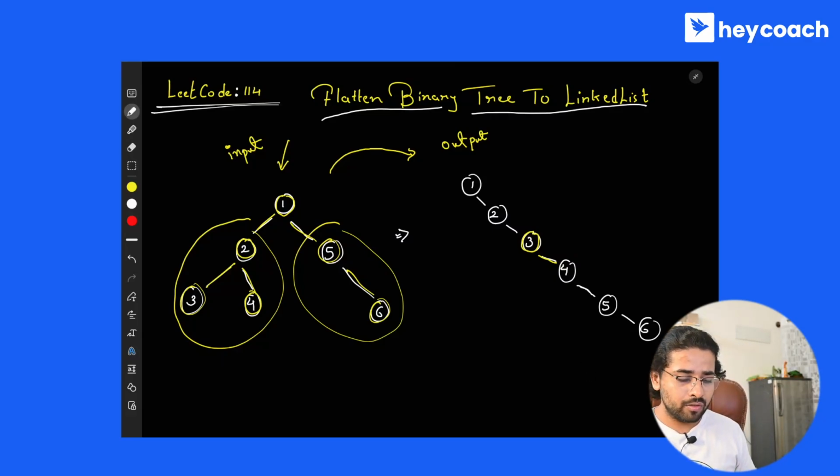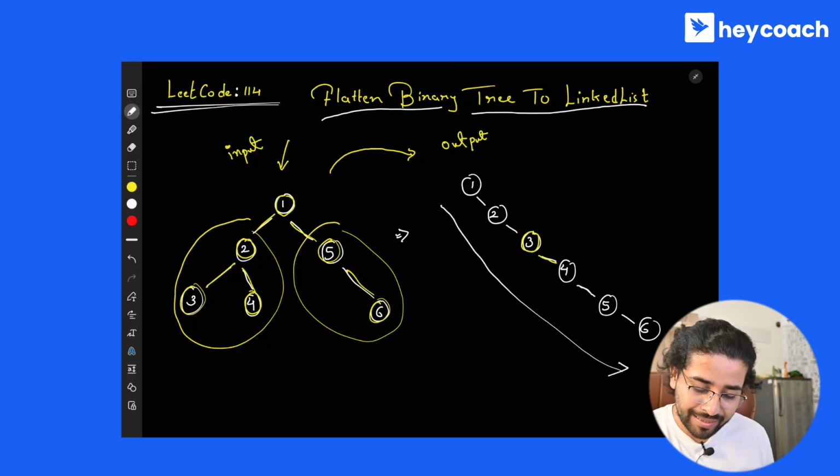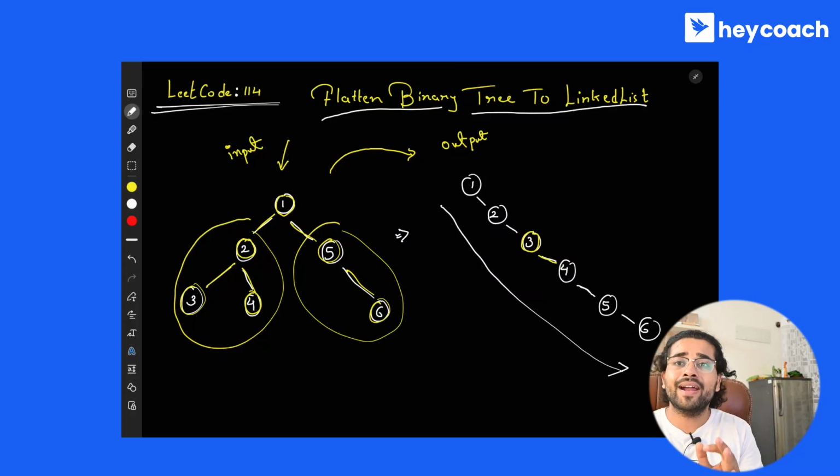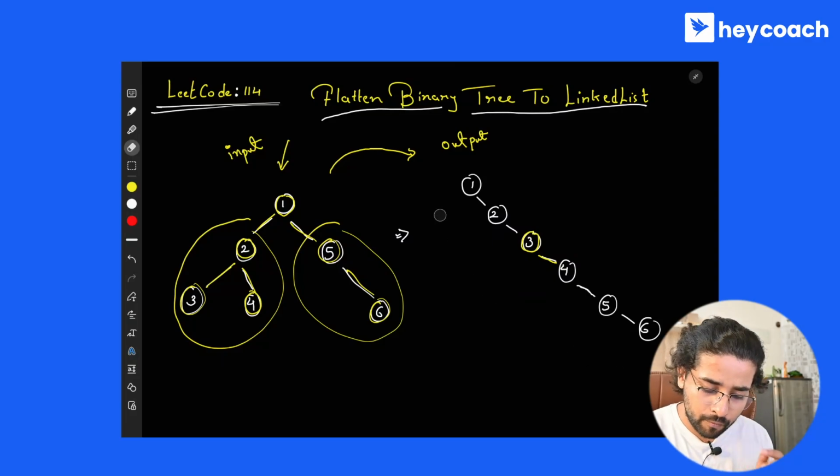That is the demand of the question: we need to take every left child of the binary tree and add it on the right side of it. So the binary tree looks like this, and this is the perfect flattened linked list converted from the binary tree.